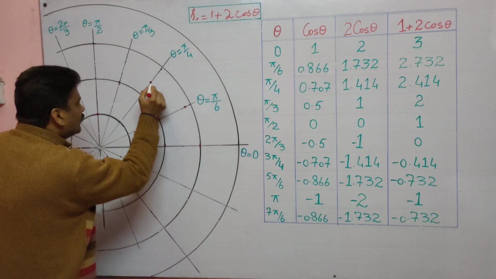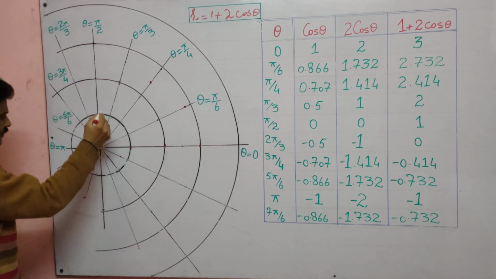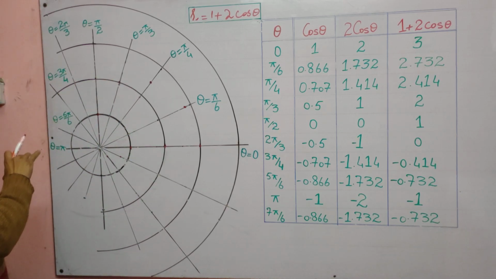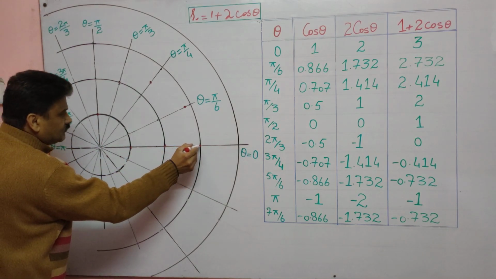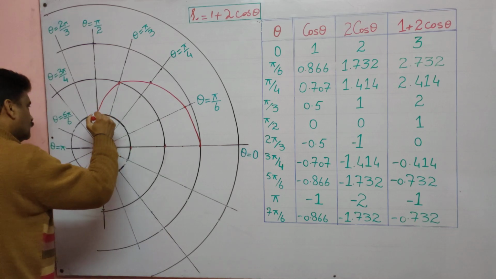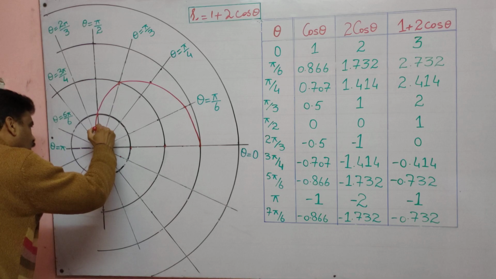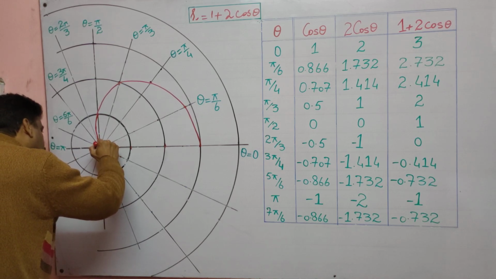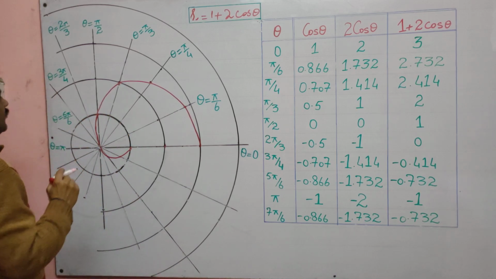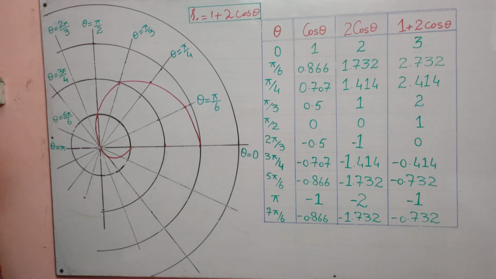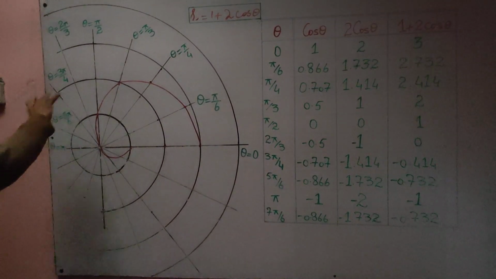So these are all the points we mark with red color. These are all points that lie on the curve. So we join these points to draw the graph. In this way, a half loop is made and half of the curve is complete.